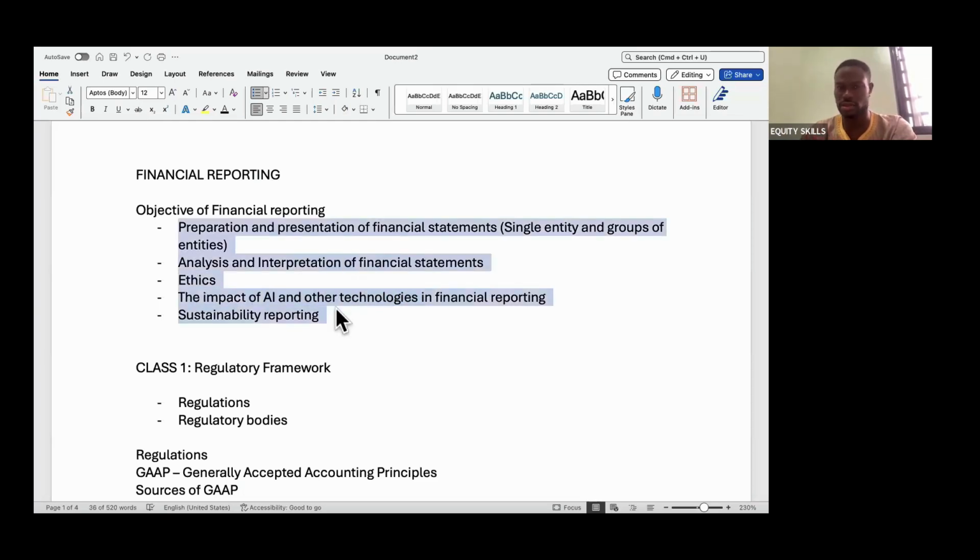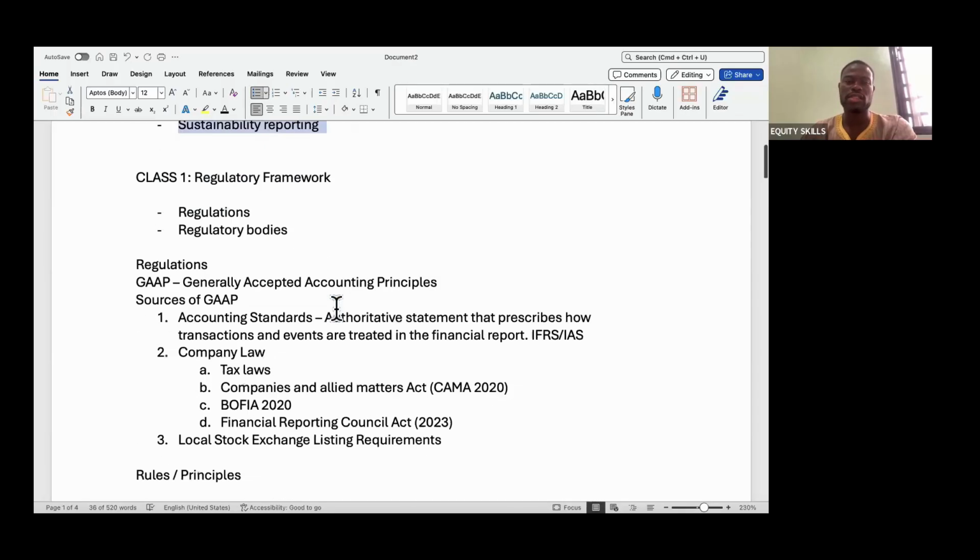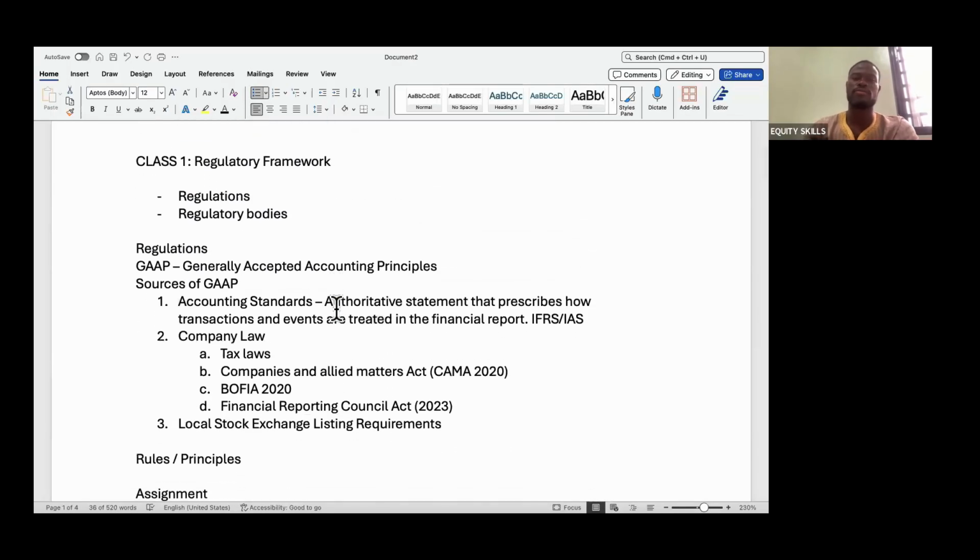This is your syllabus. I started our class 1 yesterday with regulatory framework. We cannot just start preparing financial statements, analyzing, doing all of that without knowing where we came from, which is the regulation. Who is our regulator for financial reporting?